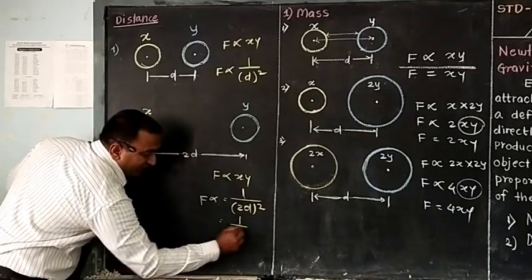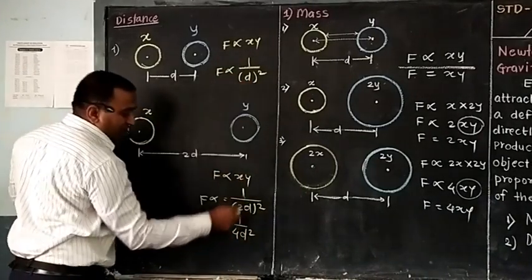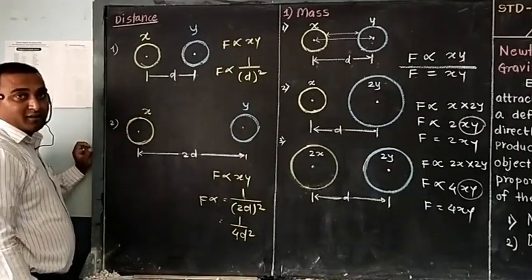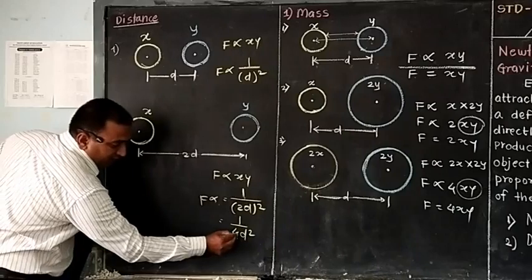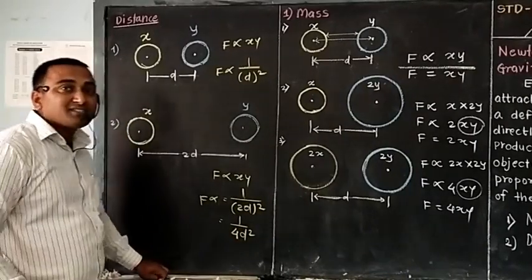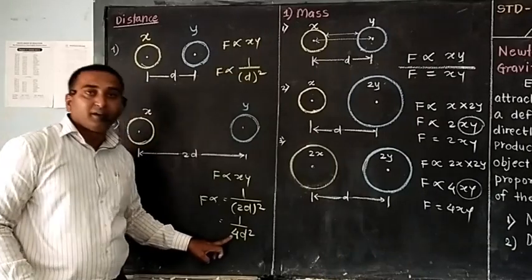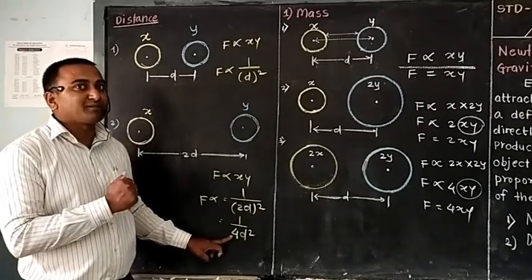So finally we are reaching 4d square. So here it is 1 upon d square, and here also 1 upon d square, but focus more here: it can be divided by 4. As we are dividing by 4, definitely the force decreases by 4 times.